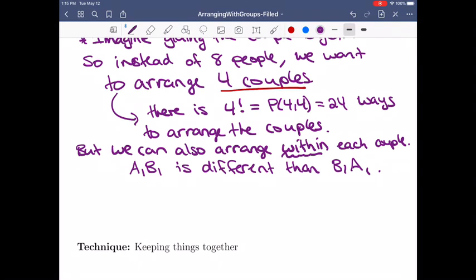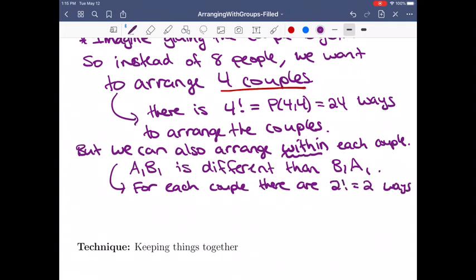So we want to arrange within each couple. So for each couple, there are 2 factorial, or 2 ways to arrange the people in the couple.